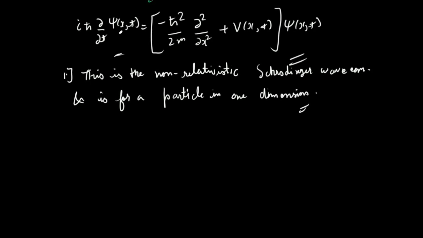Notice one thing here, as we are discussing quantum mechanics at the MSc level. In MSc, the wave function can be of the type psi(x,t), where psi(x,t) represents the wave function in one dimension.